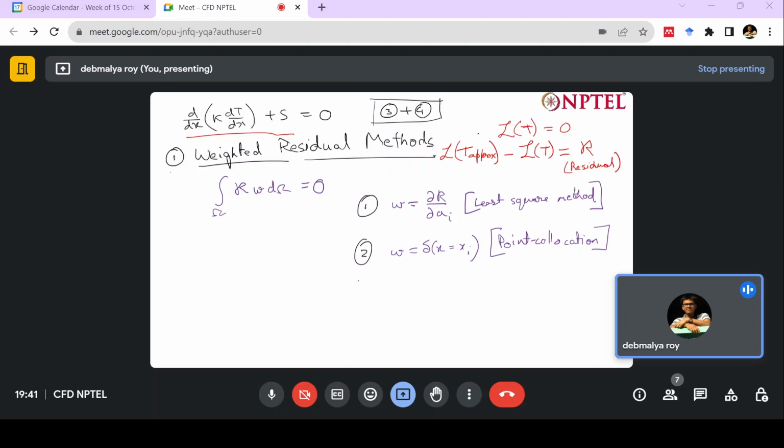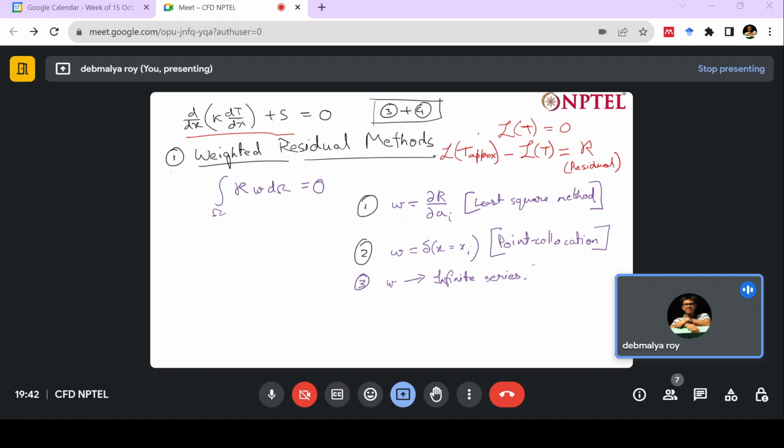So there are other methods as well. One is the spectral method. So spectral method is basically like W you choose as an infinite series, some infinite series. So the infinite series may be a Taylor series or some Fourier series.